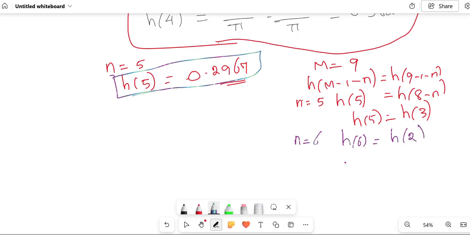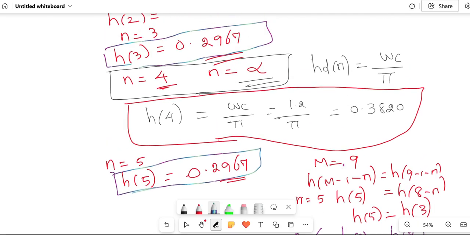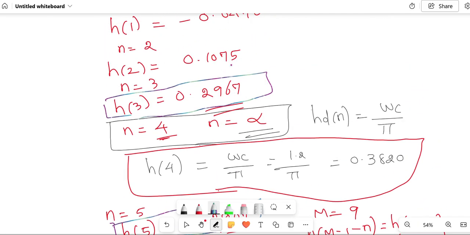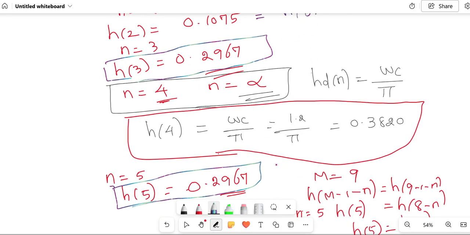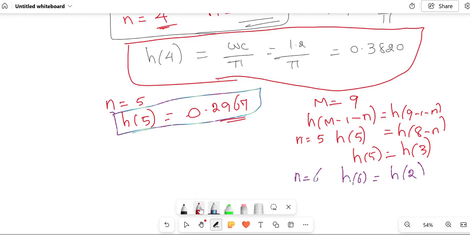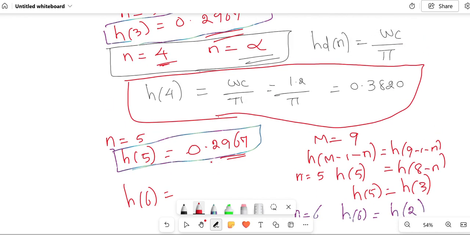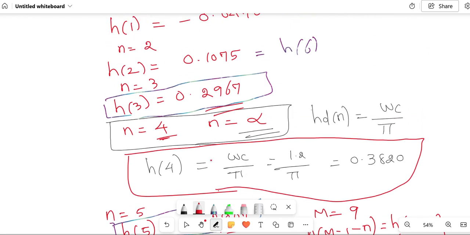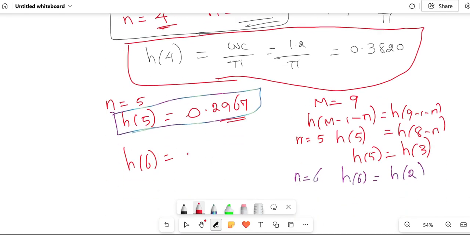What is the h of 2 value? h of 2 value is 0.1075. So h of 6 is also 0.1075.